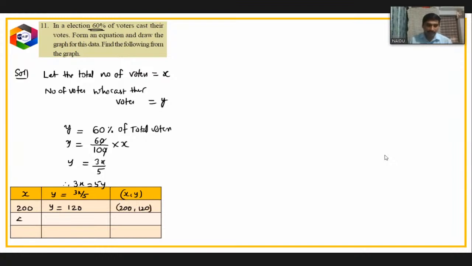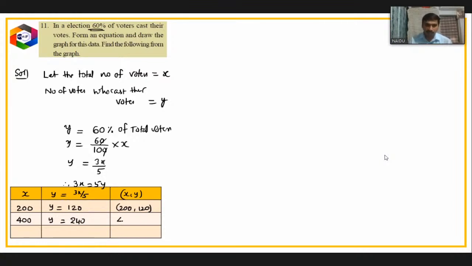Similarly, next I am going to take 400, since the voters' number will be more. We should not take 1, 5, 10 generally. In the question, if there are 1200 voters, how many voters used their vote is asked, so it is given about hundreds. So 400: 3 into 400 by 5, which is 1200 by 5, equal to 240.